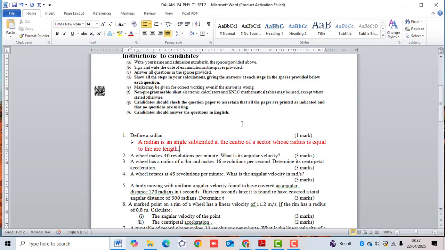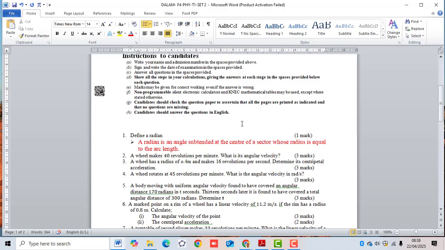So that is a simple definition of a radian measure. The angle subtended at the center of a sector or a circle whose radius is equal to the arc length.